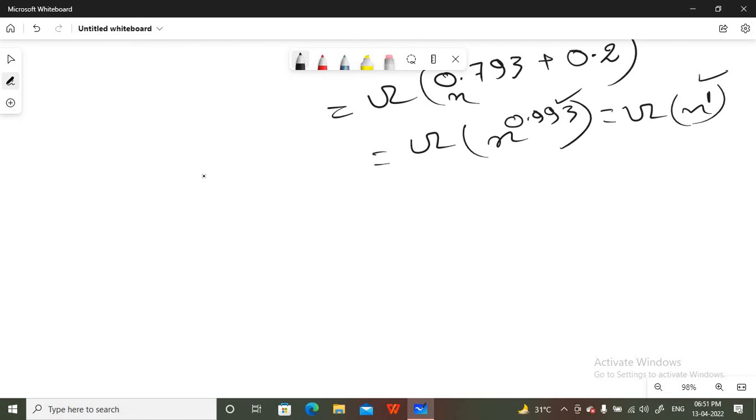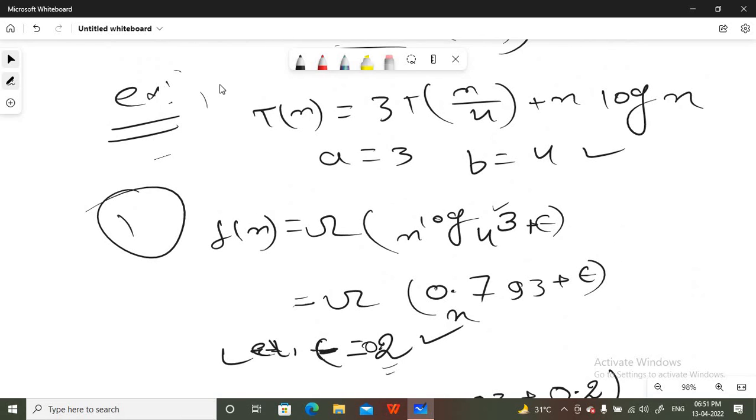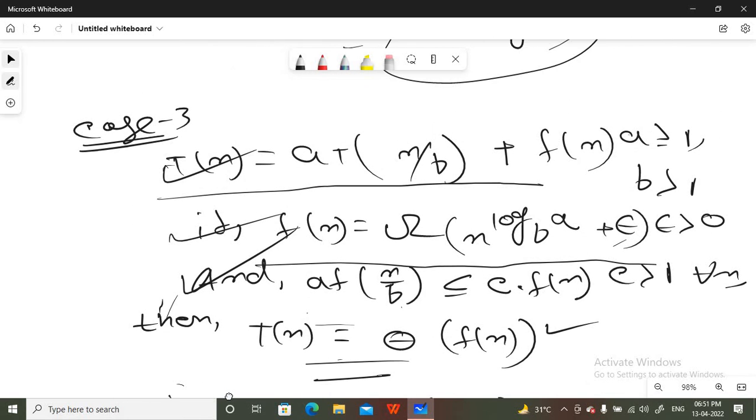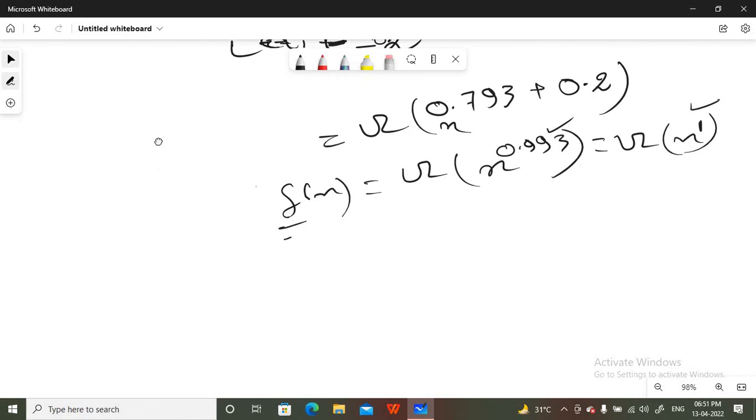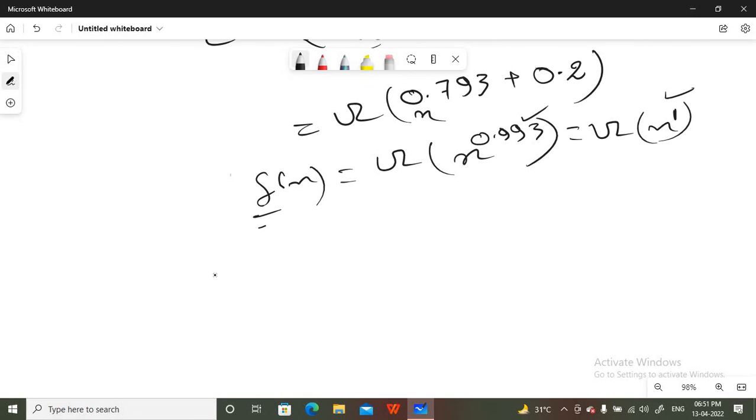Now this is actually our omega term. What was actually f(n)? f(n) is n log n. So f(n) equals n log n equals omega of n.